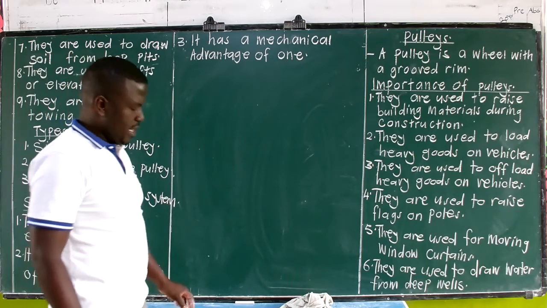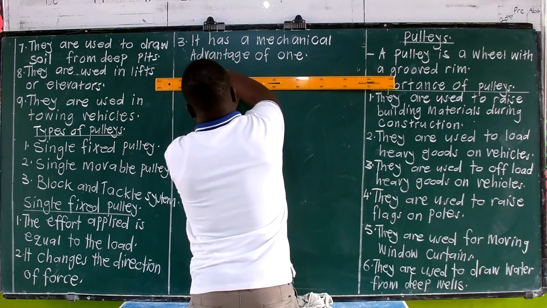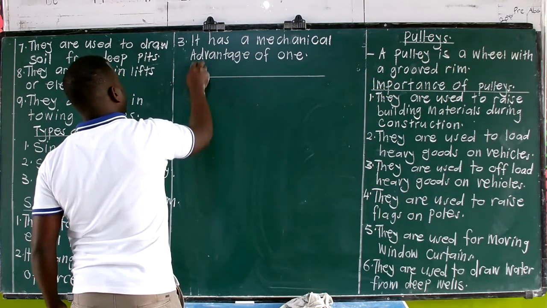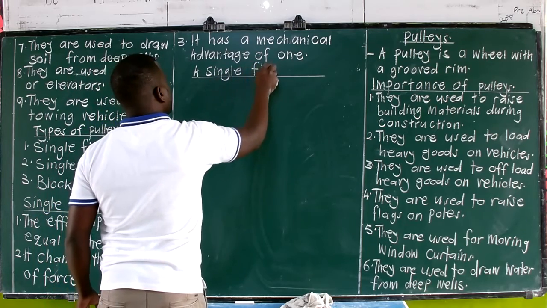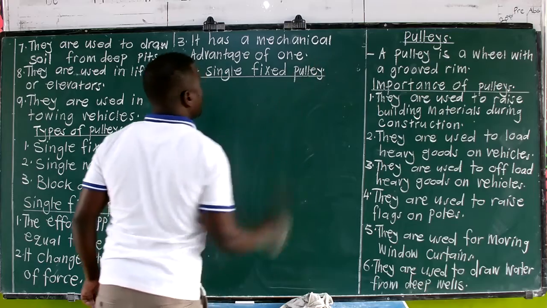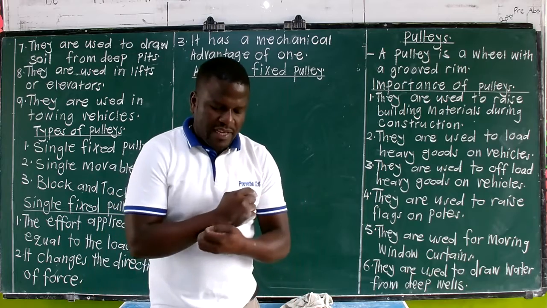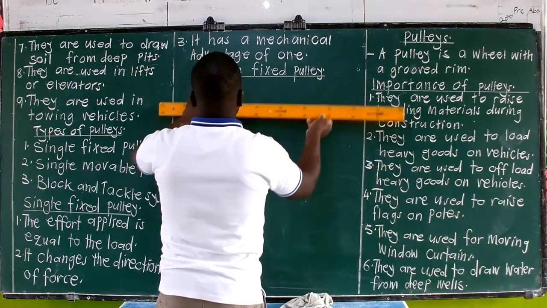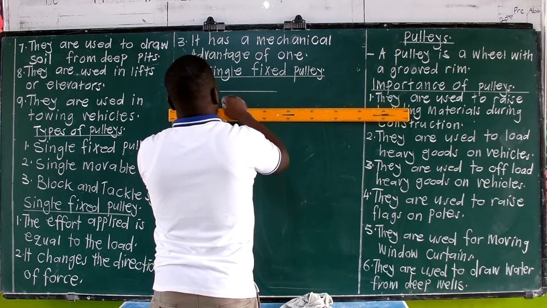So we draw a diagram showing a single fixed pulley. With a single fixed pulley, we say the effort applied is equal to the load. You can have this.